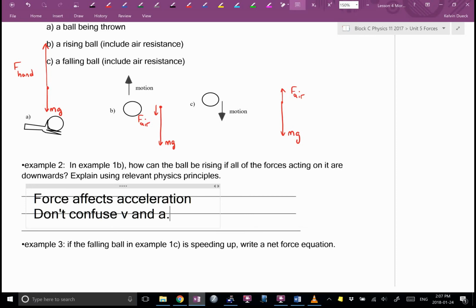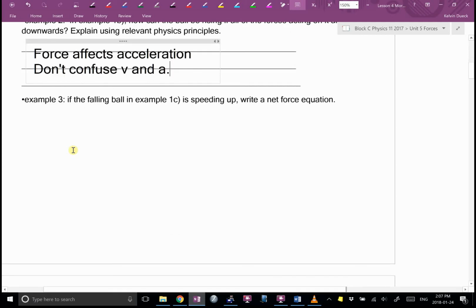Example 3. If the falling ball in example 1c is speeding up, write a force equation. Okay, I'm going to scroll down. You all have the picture still on your piece of paper? So look at 1c. Look at the free body diagram. Who's winning?